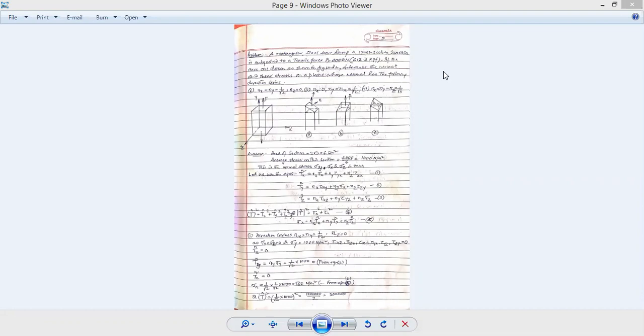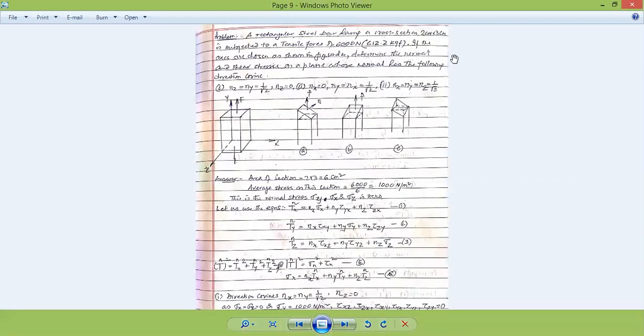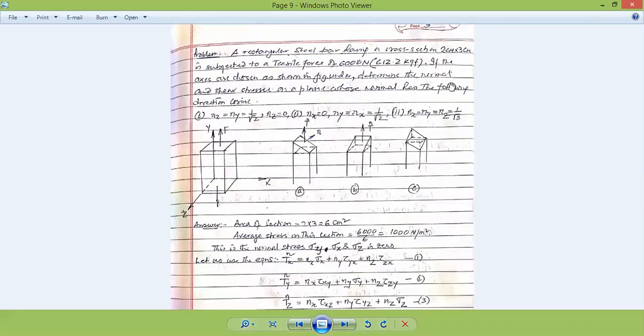What we have in this sum is a rectangular steel bar having a cross section of 2 cm by 3 cm, subjected to a tensile force of 6,000 newton, or 6 kilonewton, equal to 612.2 kgf.